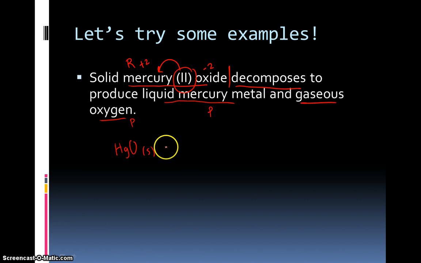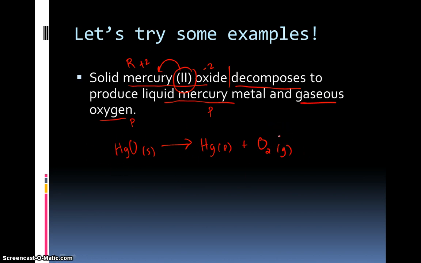That's the only reactant I have, so I draw my arrow, because that's going to make liquid mercury, so that's going to be Hg with a little l next to it, and gaseous oxygen, so O2 with a little g next to it. And that's it, that's all we have to write, because at this point we don't need them to be balanced. We're going to learn that later. Right now we just want to focus on writing proper chemical equations.